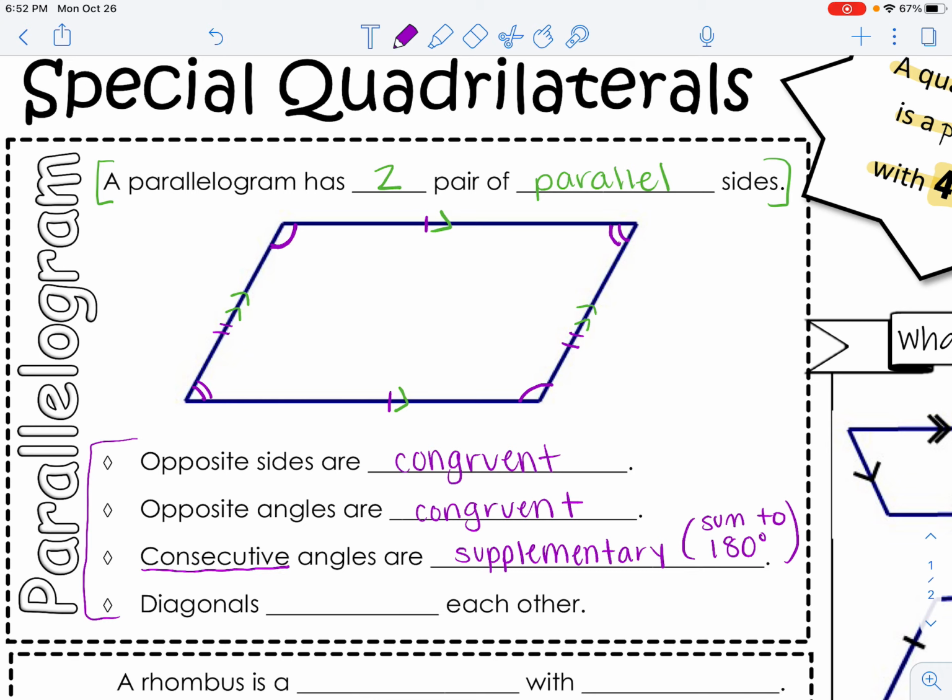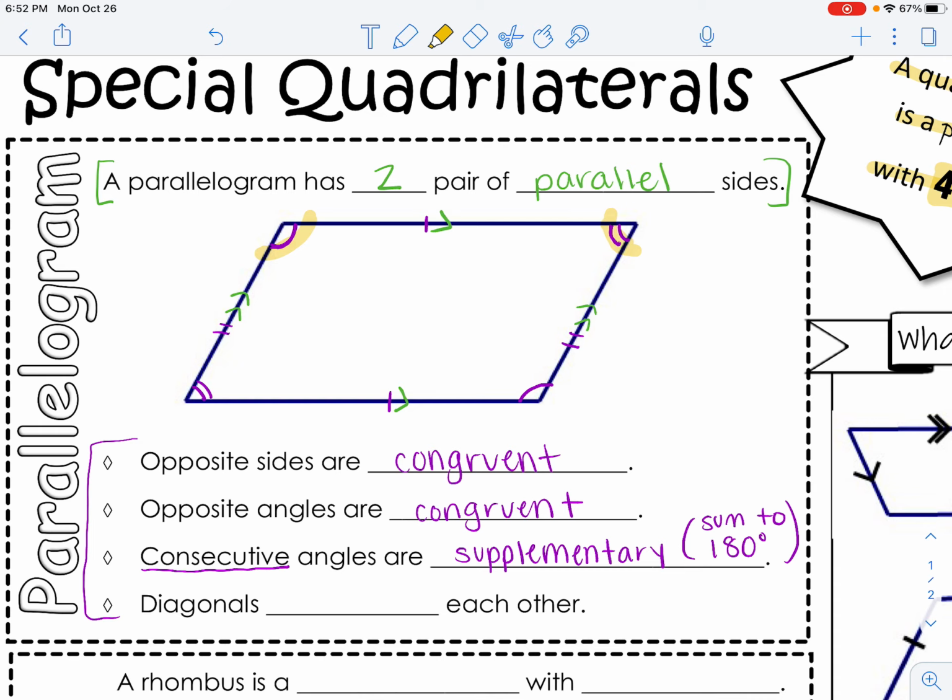If you think about consecutive, like consecutive numbers are numbers that follow right after each other. So 1, 2, 3, 4, that's consecutive. So consecutive are things next to each other. So if I want to show consecutive angles, they're the ones next to each other. So like this angle is consecutive to this one over here, because they're right next to each other.